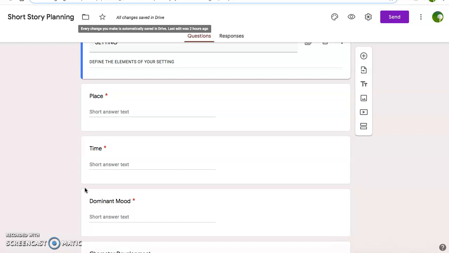For instance, if the story is going to be late in the evening during a rainstorm, it should make sense that the rest of your story has a pretty dark, pretty frightening, depressing, sad mood to it. Because typically, darkness, typically poor weather, is going to demonstrate to the reader that the mood of the story is going to be negative, right?